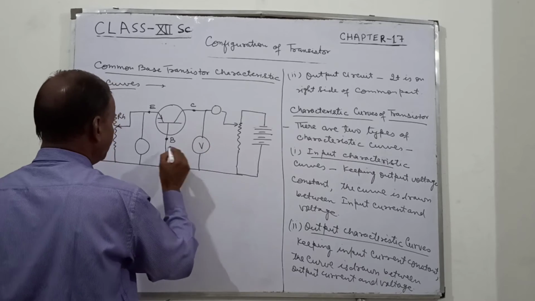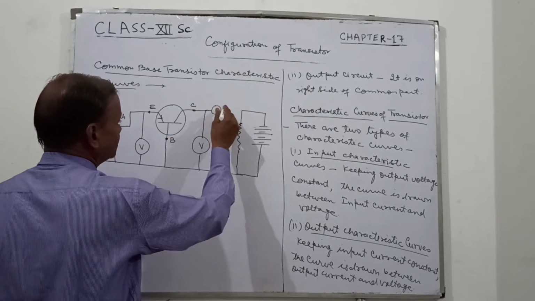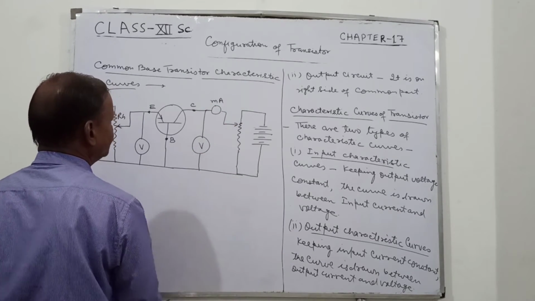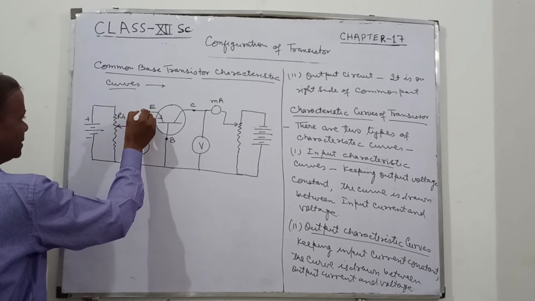This is now voltmeter. This is ammeter, milliammeter. Here the current is like this.